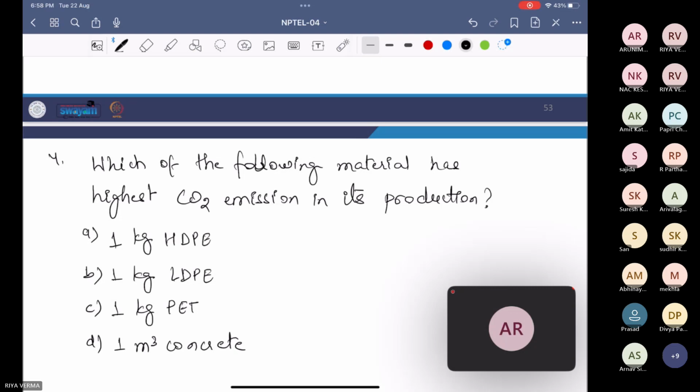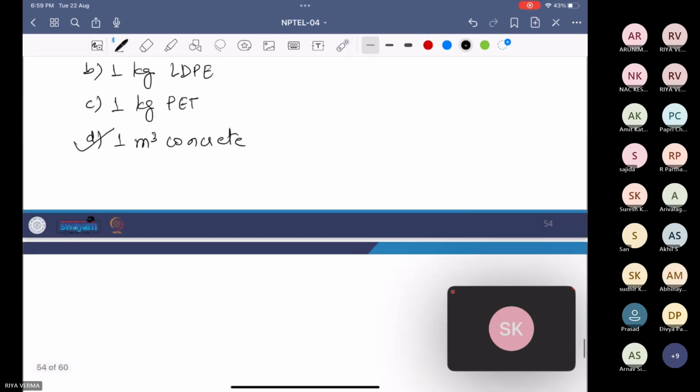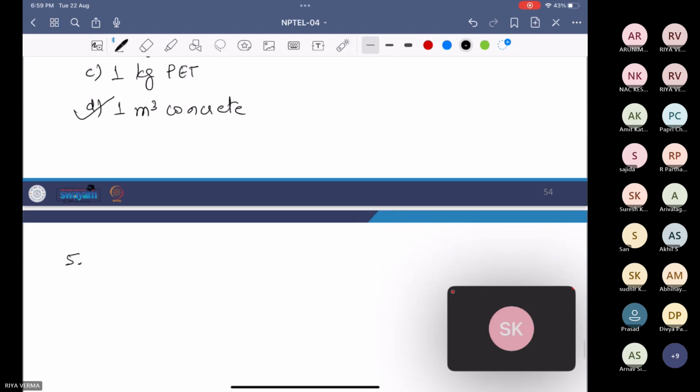So, any idea about this? Concrete. Correct. Who answered concrete? Myself, Sudhir Kulkarni. Correct. Your answer is correct. It should be 1 meter cube of concrete.